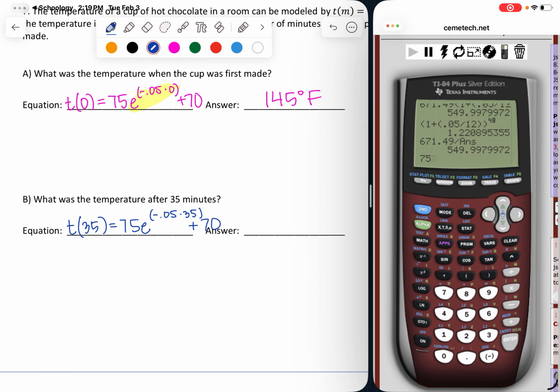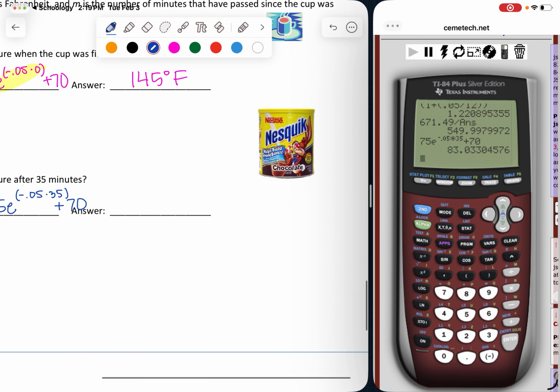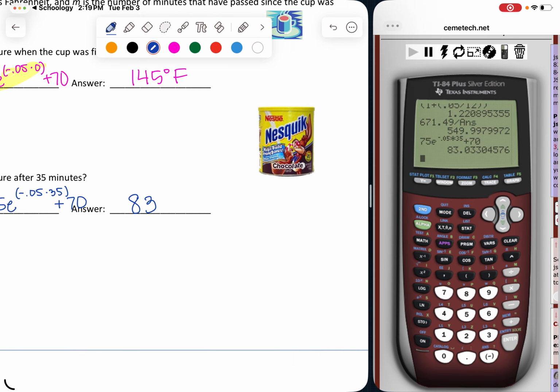E to the, because it's cooling continuously. It should be like, yes, that makes sense. Times 35. Get out of your exponent. Plus 70. 83.033 degrees Fahrenheit. The end.